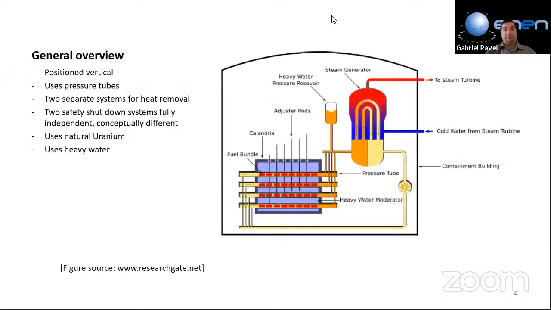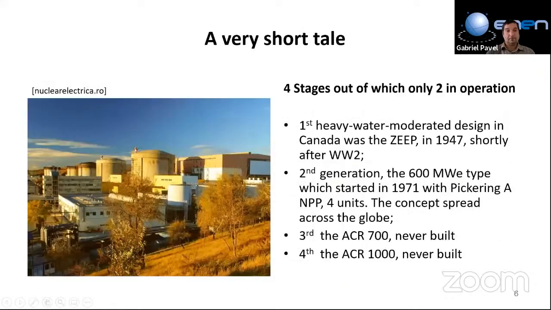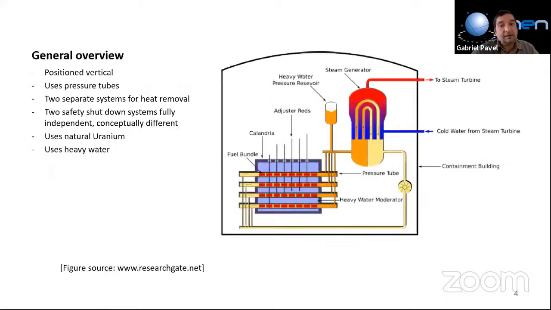Okay, CANDU overview. How do you recognize a schematic of a CANDU reactor? You can easily find out that it's a CANDU type reactor because it's placed horizontally. In principle, this reactor looks like a huge pipe placed horizontally.